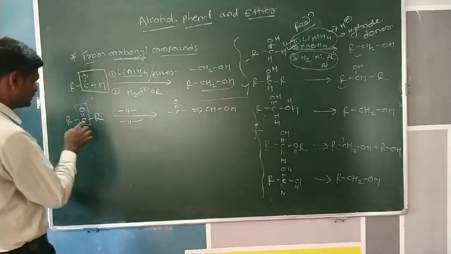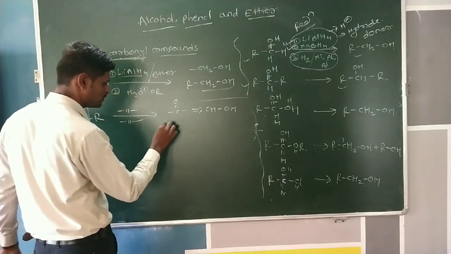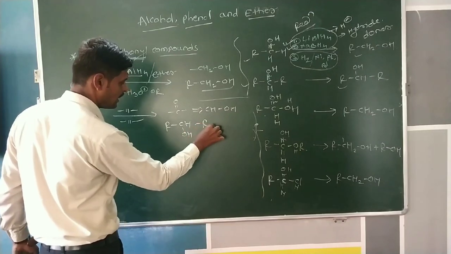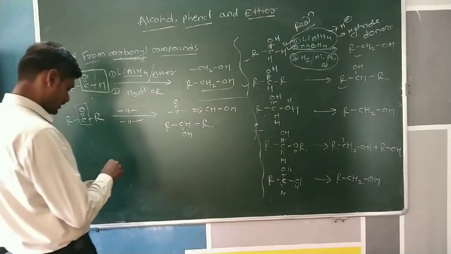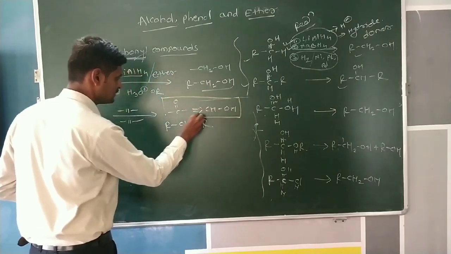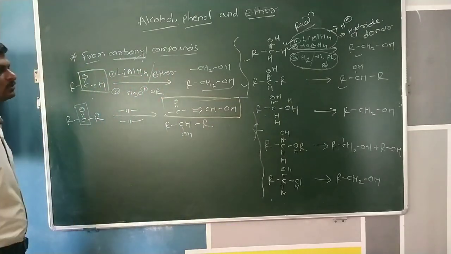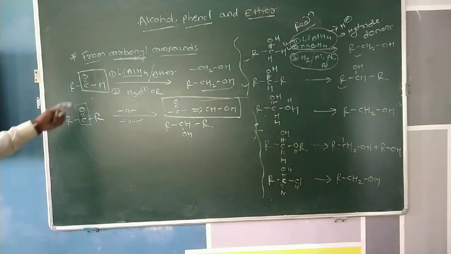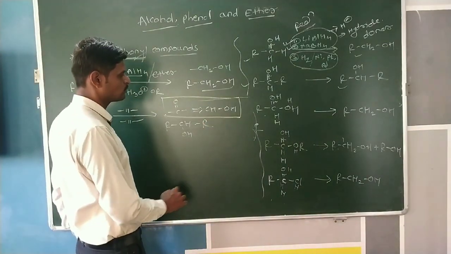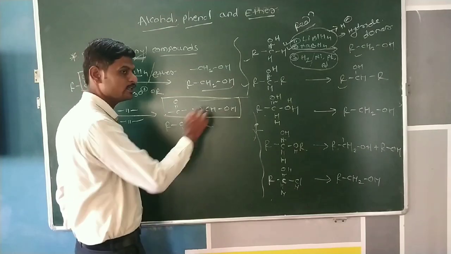That means the product is R-CH(OH)-R. Okay. The main point, this is a trick to remember that the carbonyl group gets converted into alcohol. That means the C double bond O functional group gets converted into CH-OH.